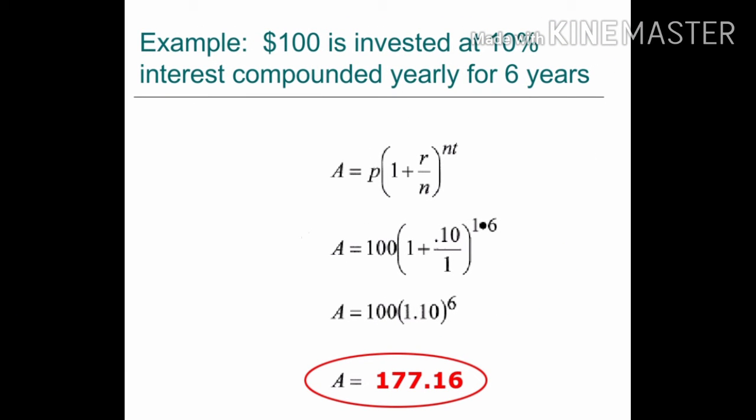So, example number 1. $100 is invested at 10% interest compounded yearly for 6 years.